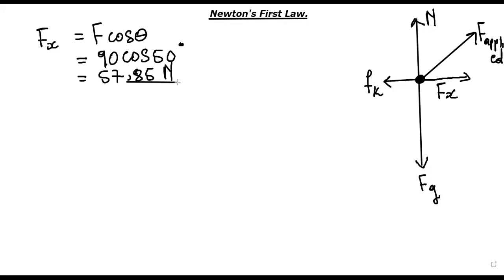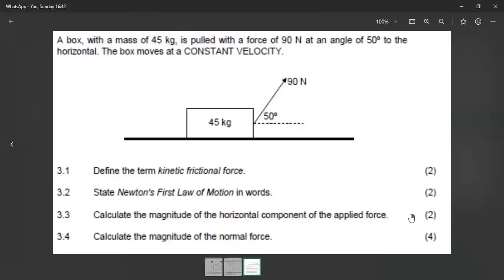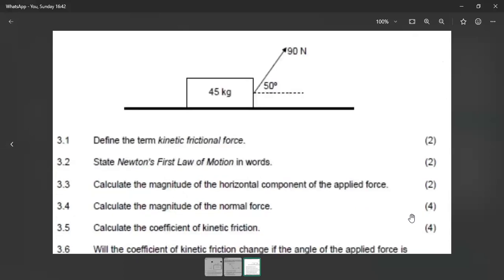So this is the magnitude of the horizontal component of the applied force. Right. Let's look at the next question. And guys, remember, these formulae for resolving forces are not given to you in the exam. So they have to be in your head. You must memorize them.